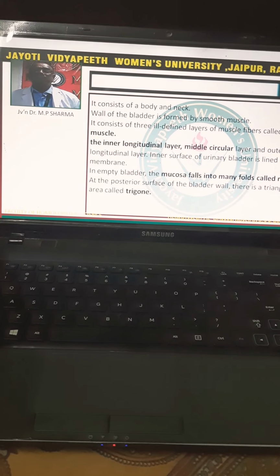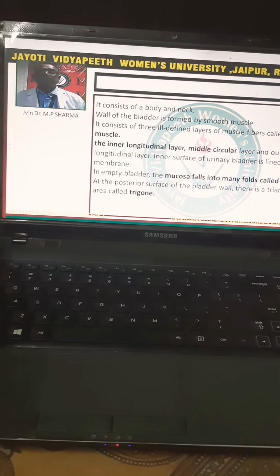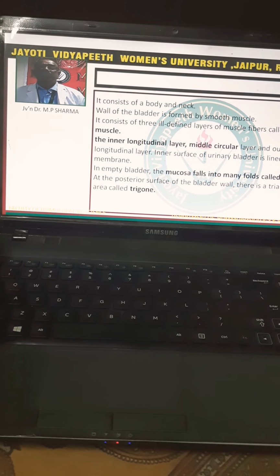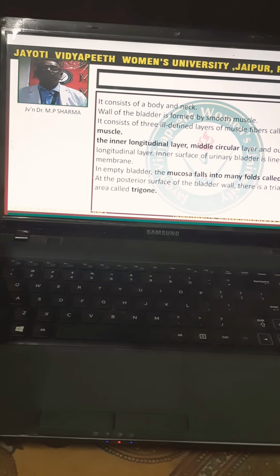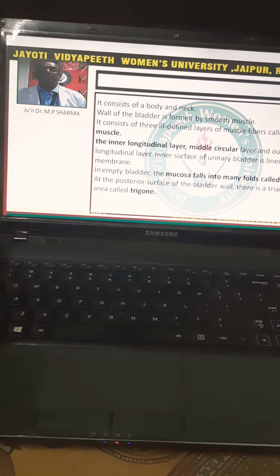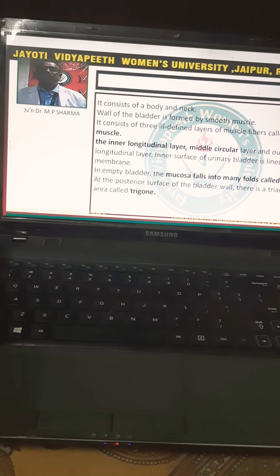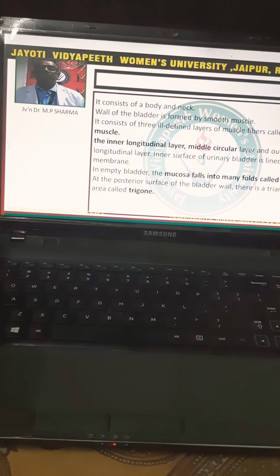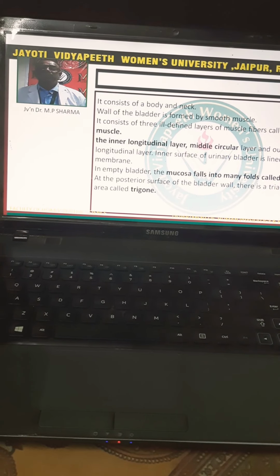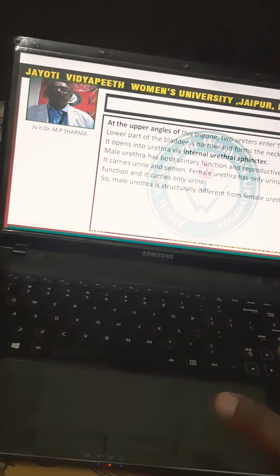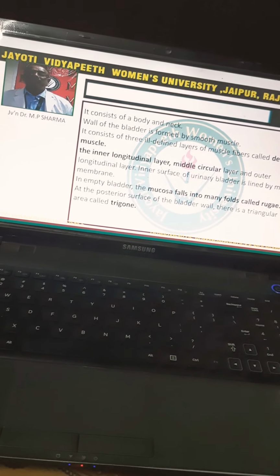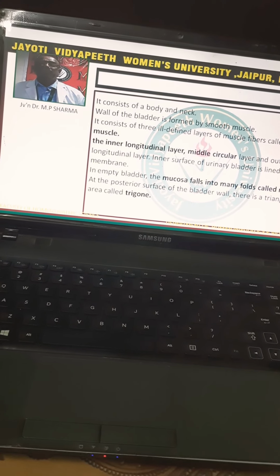It consists of three defined layers of the muscle fibers called detrusor muscle: the inner longitudinal layer, middle circular layer, and outer longitudinal layer.